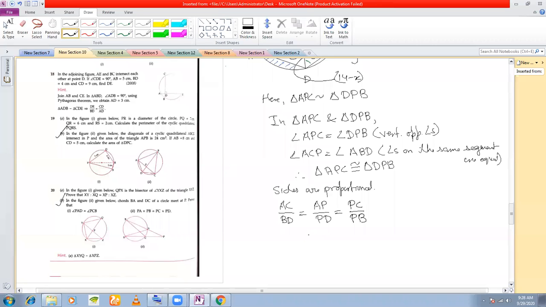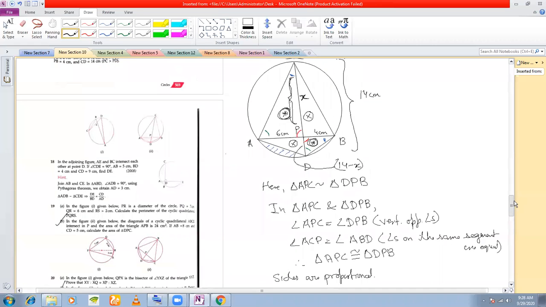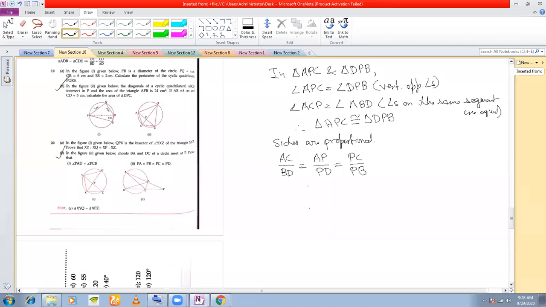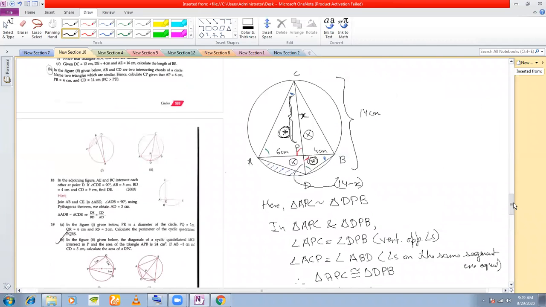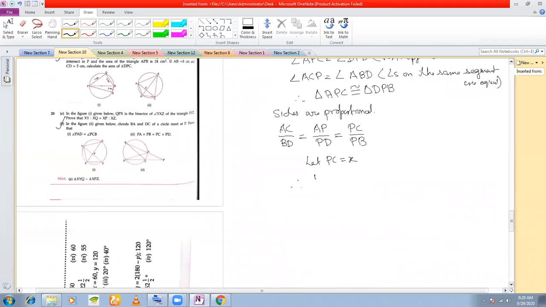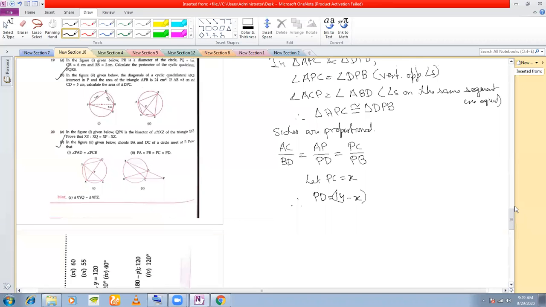Now if you see, which length have I taken as X? I have taken CP as X, or PC as X. Let PC be equal to X. So therefore, what is your PD here? PD is 14 minus X. And what lengths are given?